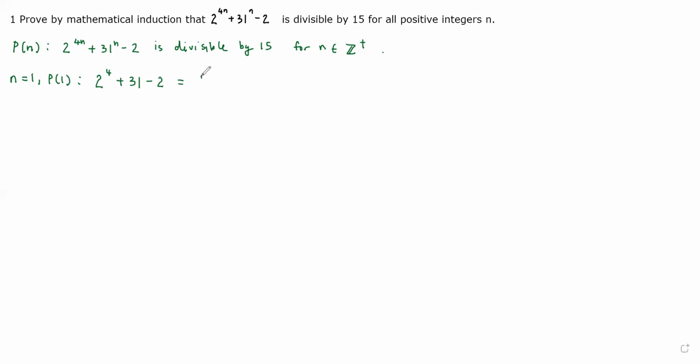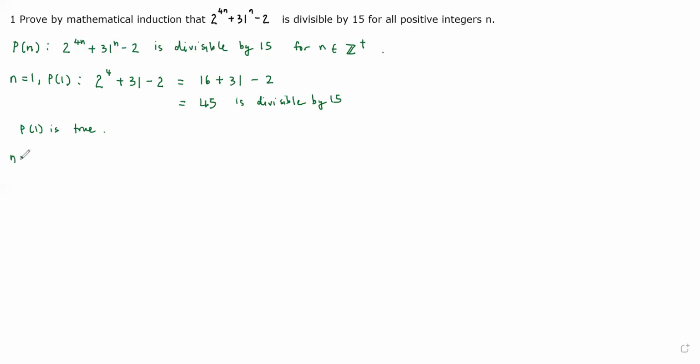So that is 16 plus 31 minus 2, which is 47 minus 2, which is 45. And this is divisible by 15. We say that P of 1 is true.